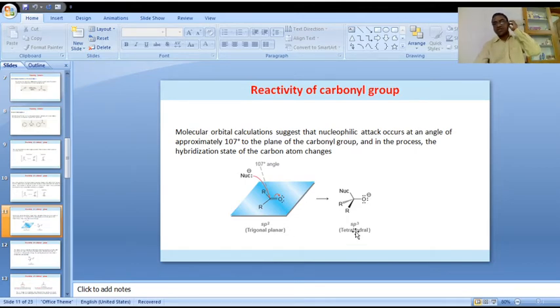After the hybridization state changes, it is converted into a tetrahedral structure. Is it clear, all of you? This is about the change of hybridization state from sp2 to sp3, and automatically the structure changes to form the alkoxide ion tetrahedral structure.